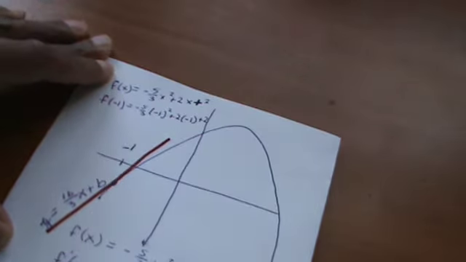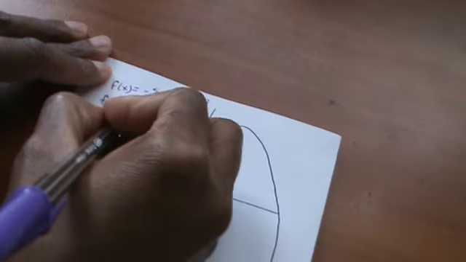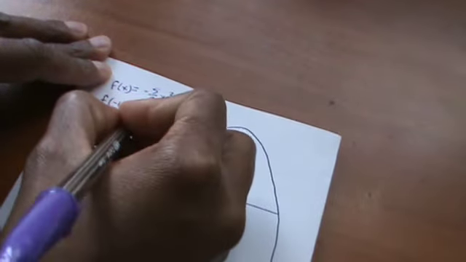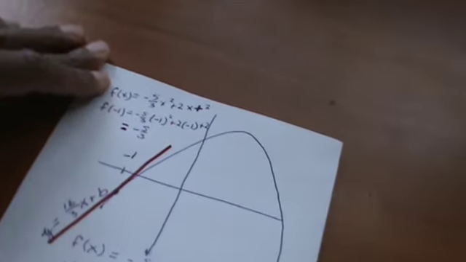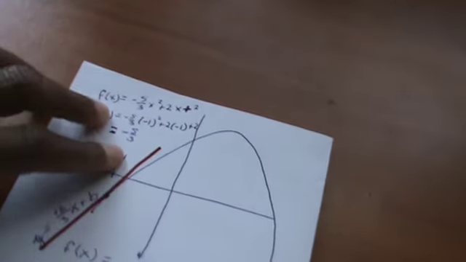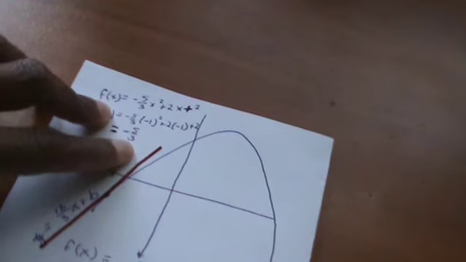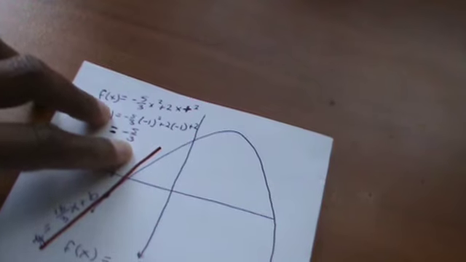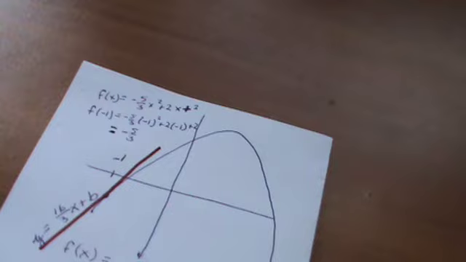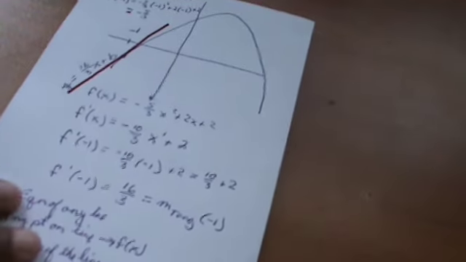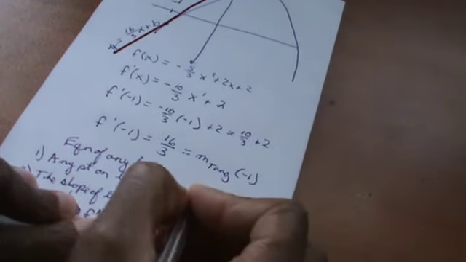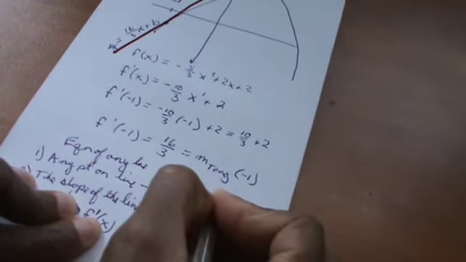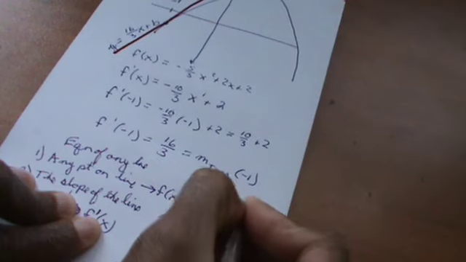And if you did that math, you would get that f of negative 1 equals negative 5/3. Right? So this information is not random, but they're actually linking x equals negative 1 to a y value of negative 5/3. All right, so I'm going to go down here because I need that information. So any point on the line, and that point that we're talking about specifically is negative 1, negative 5/3.